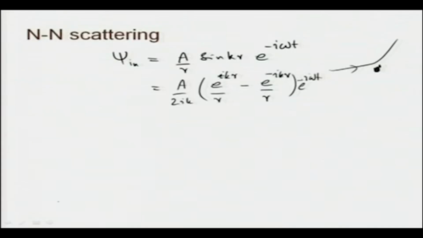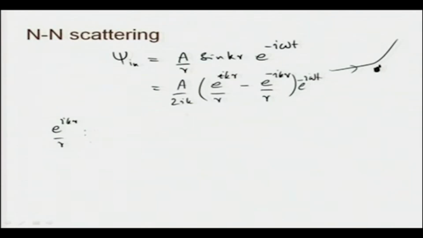Now, you can ask the question, what happens when a particle or a wave function like this comes and encounters this scattering center. Okay. So, in this way of writing this plane wave, this has two parts. e power i k r over r is actually called a spherical wave.